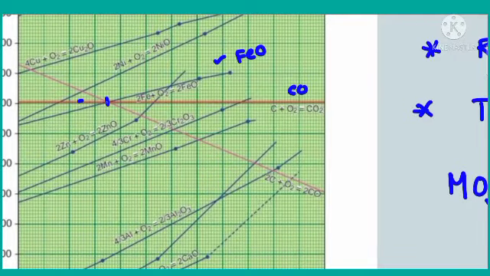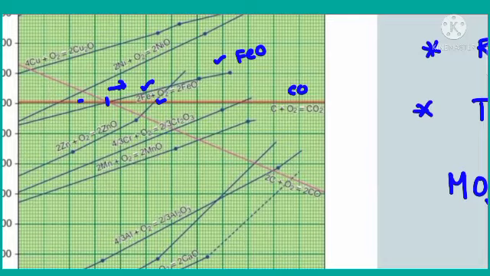Above 1000 Kelvin, that is the right side, the iron oxide line is above the diagram and the carbon monoxide line is below the diagram, isn't it? This is the iron oxide line above the diagram, then the carbon monoxide line is below the diagram, isn't it?